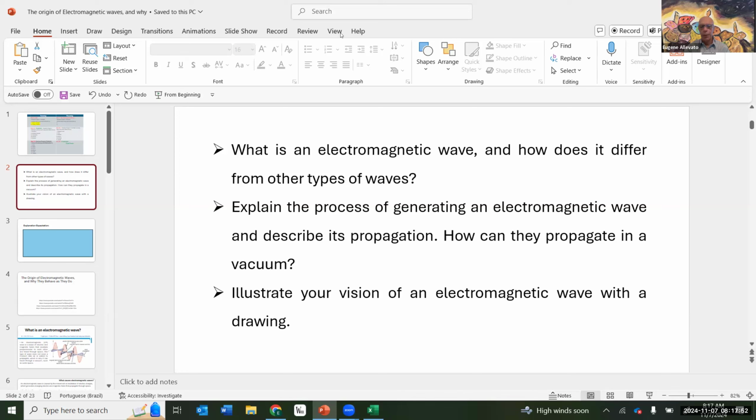And explain the process of how the electromagnetic wave is generated, and describe how it propagates, especially how it propagates in vacuum. It would be extremely helpful if you try to illustrate your vision of what an electromagnetic wave looks like.